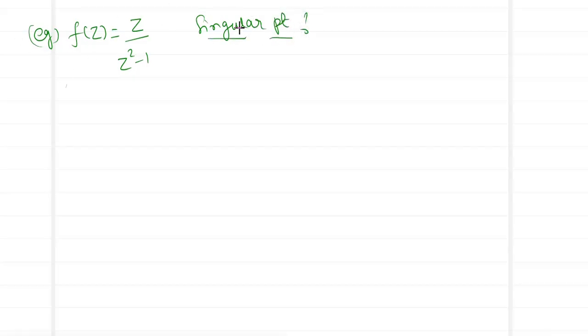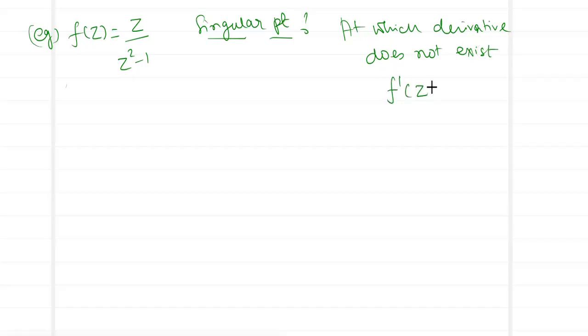A singular point is a point at which the derivative does not exist. So f dash of z must move towards infinity. Does not exist means existence is not valid, so it has to move towards infinity.